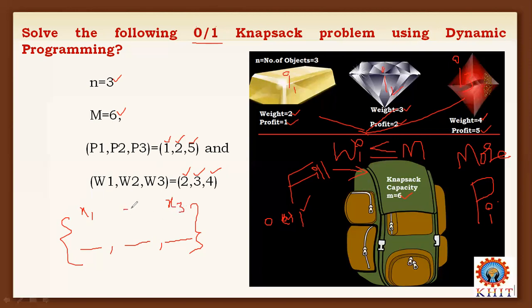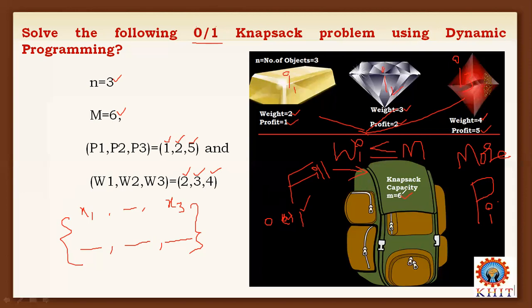Here this is free, that means I am not taking any item here. If I take the x1 item and the x3 item, then x1 is 1, x3 is 1, and the second item is 0, because I have not taken the second item. So what is the weight? Weight of x1 is 2 kg plus weight of x3 is 4 kg, so 2 kg plus 4 kg equals 6 kg.